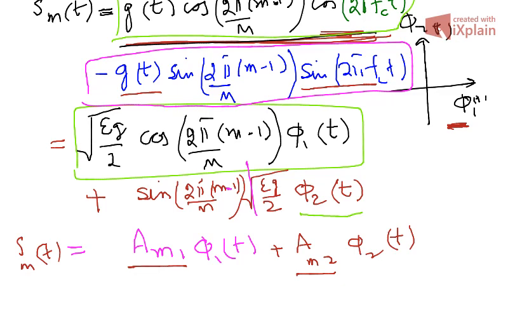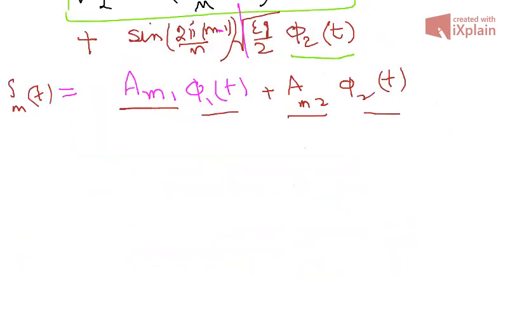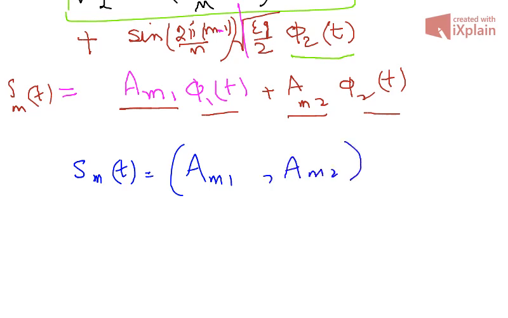These actually scale phi 1 and phi 2, and if you want to write the vector form of your S_m, it is just the coordinates A_m1 and A_m2.